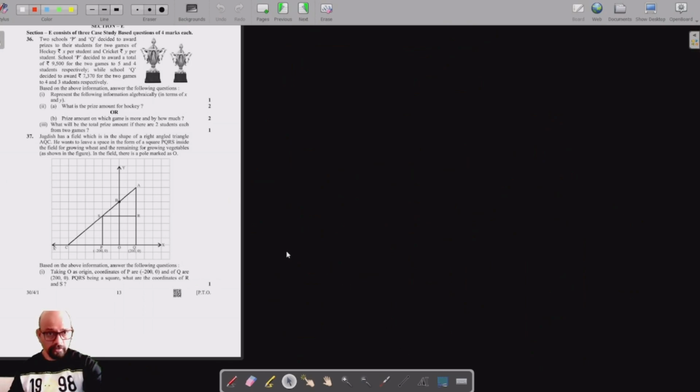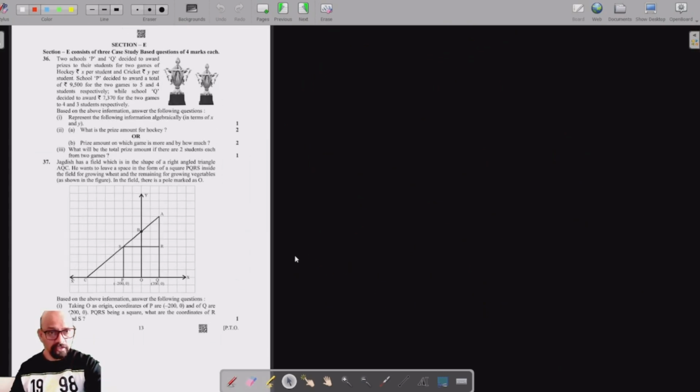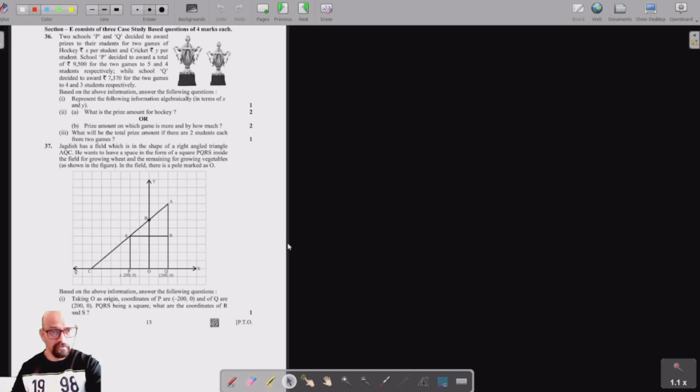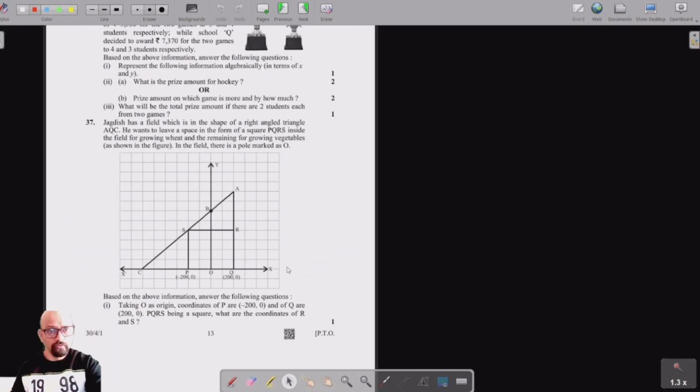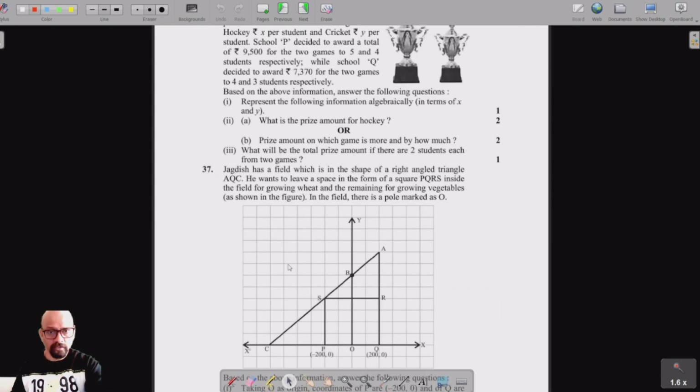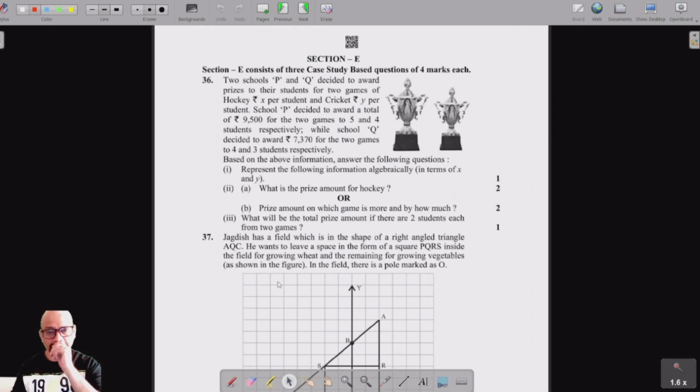We are on the section E, that is the case study based questions of 4 marks each, and it's given that two schools P and Q decided to award prizes to the students for two games of hockey and cricket. And those who play hockey will be given X rupees per student.